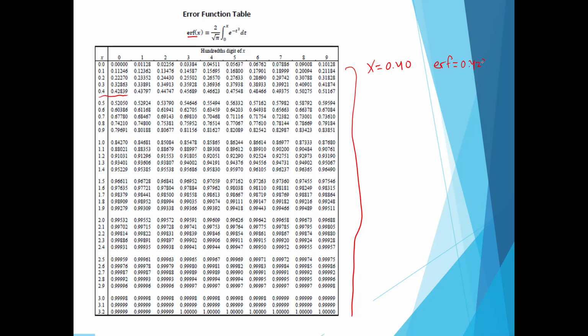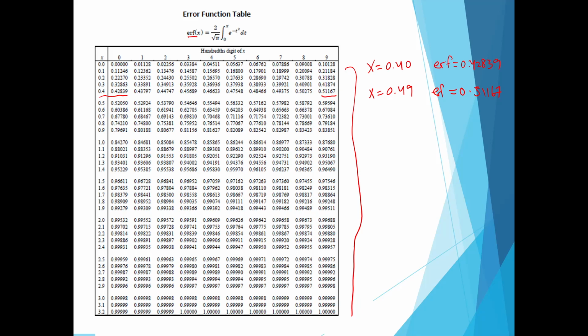And if x equal to 0.49, the ERF is equal to 0.51167. So this is how we read the table, based on the value of input x.